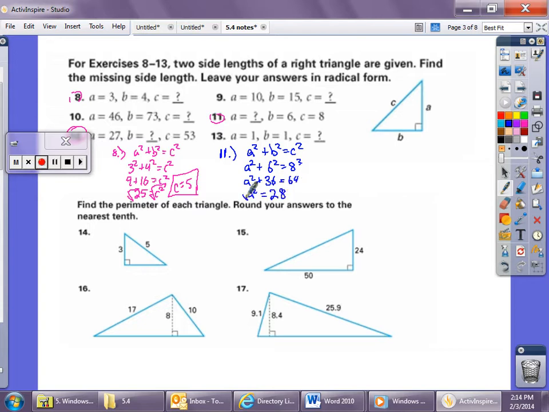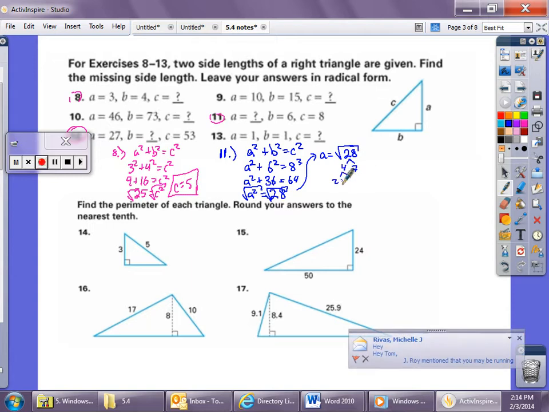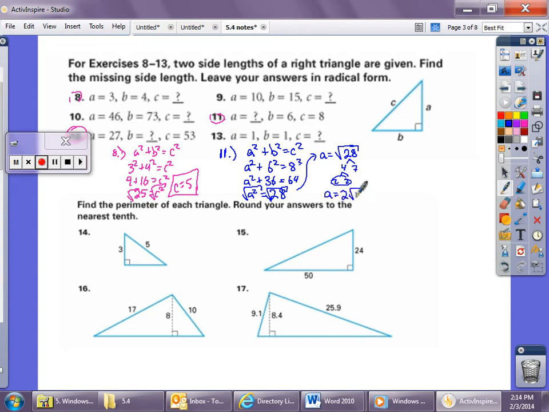And now you take the square root of 28. So A equals square root of 28. Leave your answers in radical form. Well, we can break down 28 to 4 and 7, which is 2 and 2. So we have a pair of 2's with 7 left over, so A equals 2 root 7.